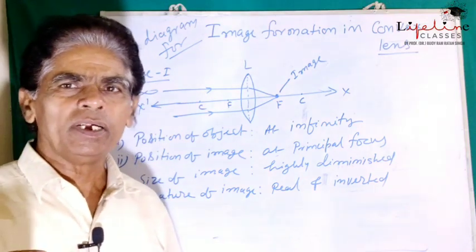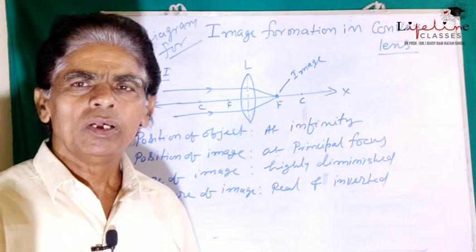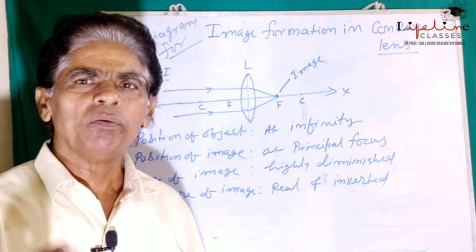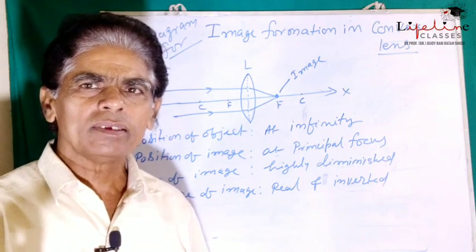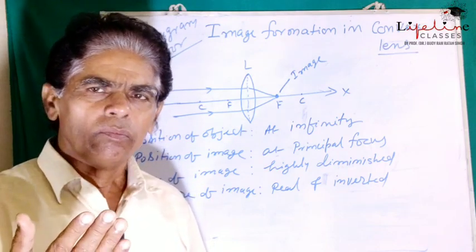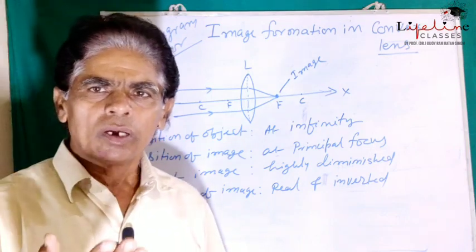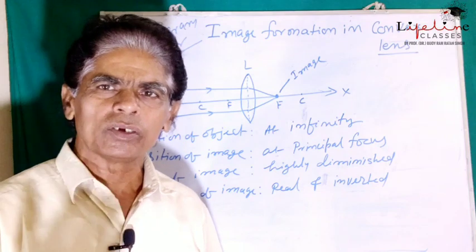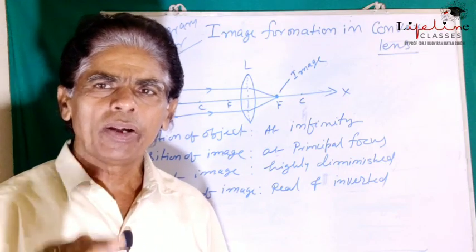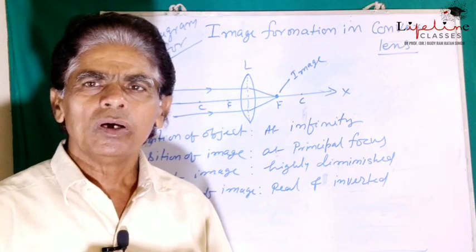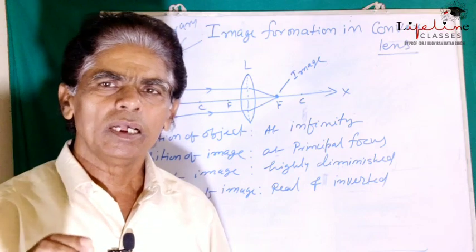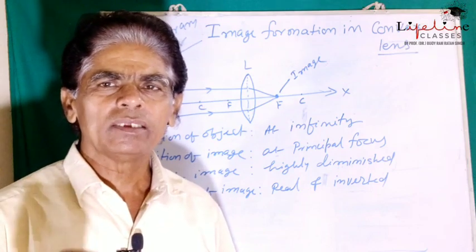When the object is at infinity, that means if the object is far distant from the lens, then the image will be formed on the principal axis at the principal focus, because the light rays coming from the object placed at distant places are parallel to each other, and when these parallel rays of light get refracted through the convex lens, the refracted rays meet at a common point on the principal axis.